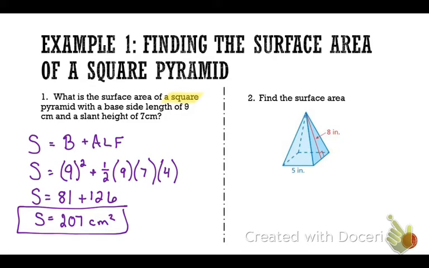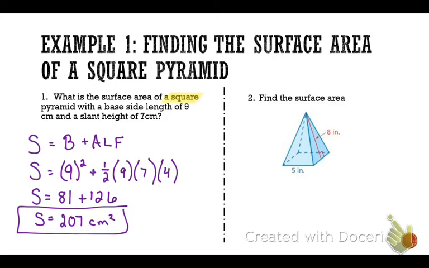I classify the pyramid by its base. There's only one dimension here, and remember, it's a regular pyramid, which means all sides and angles are equal. So if all the sides of my base are equal, what shape is it? It's a square. A square has all sides equal.